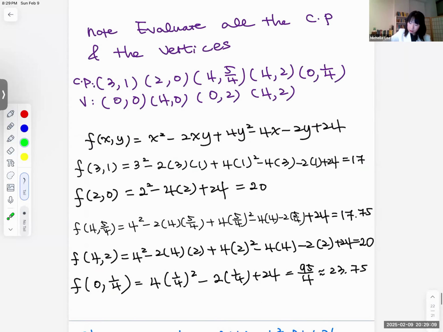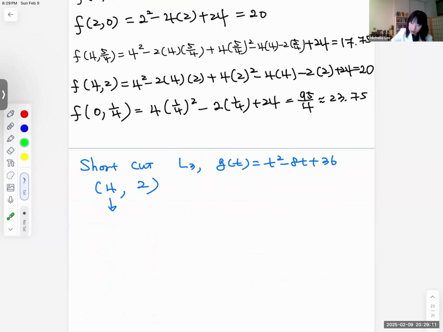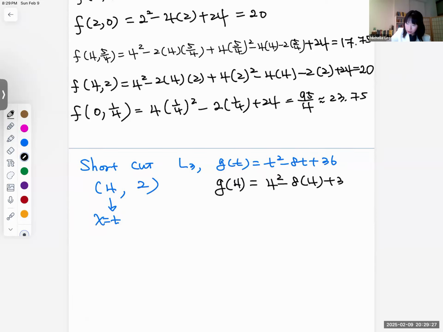So let's do it. X equals t, so we are giving it to the t. So g of 4: 4 squared minus 8 times 4 plus 36. Can you check that we get the 20?